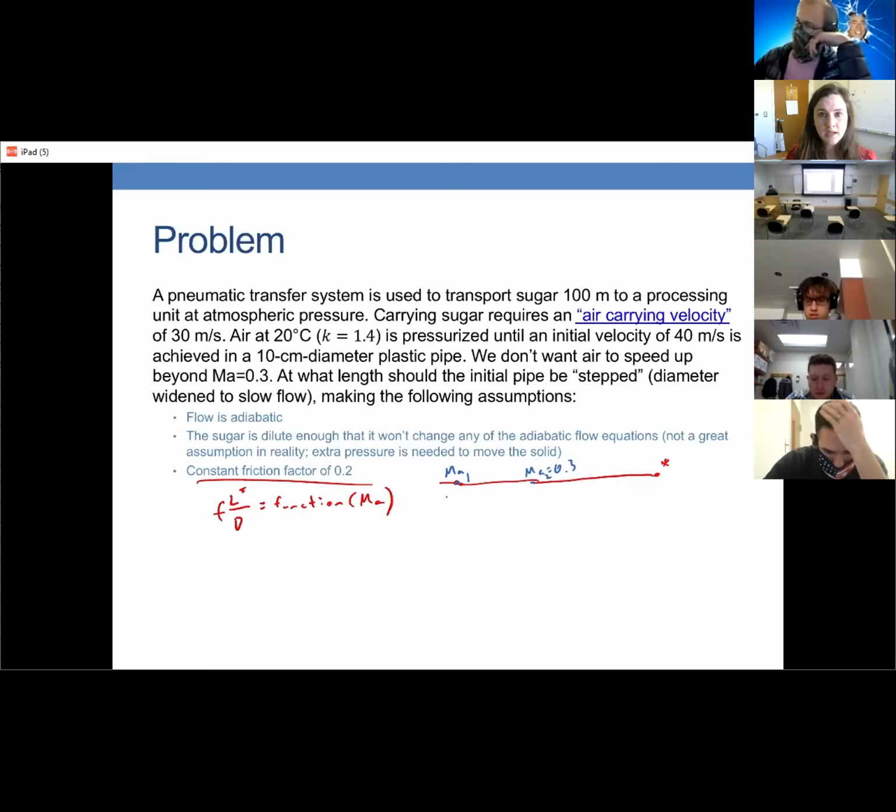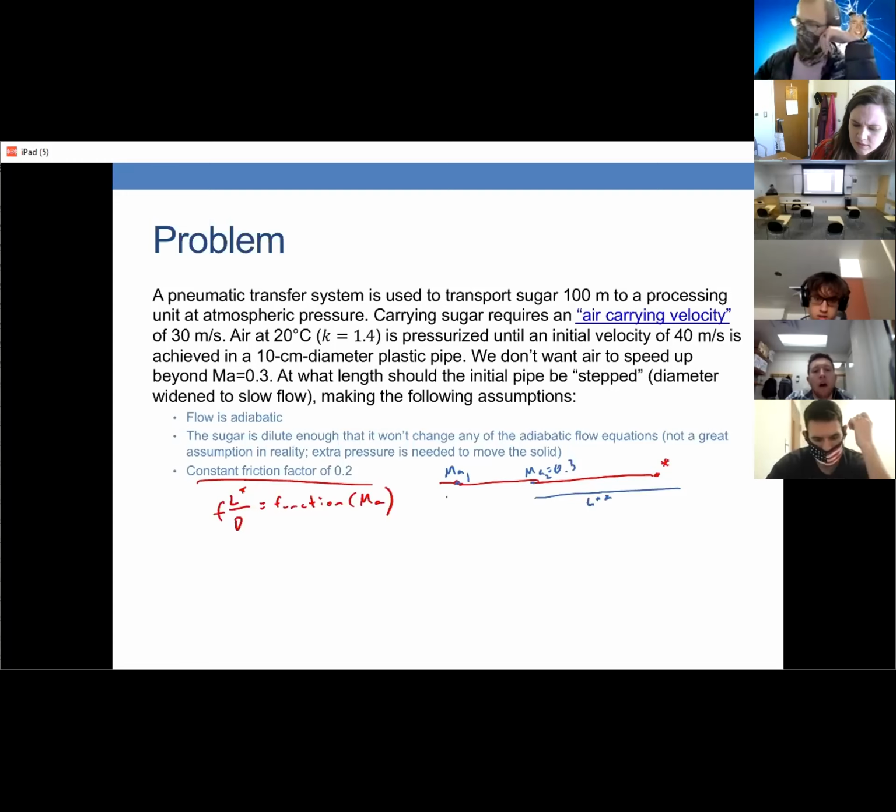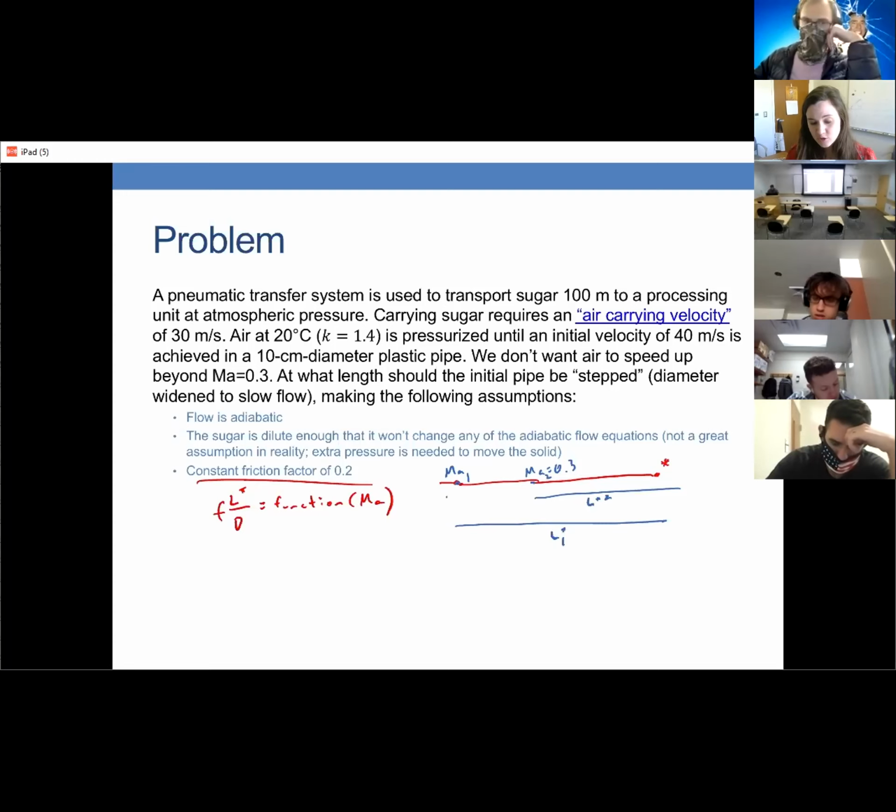No, not necessarily. But you know what we can say? Call this L star 2 and this L star 1. So this means the distance you would have to go from that point to get it to be choked.